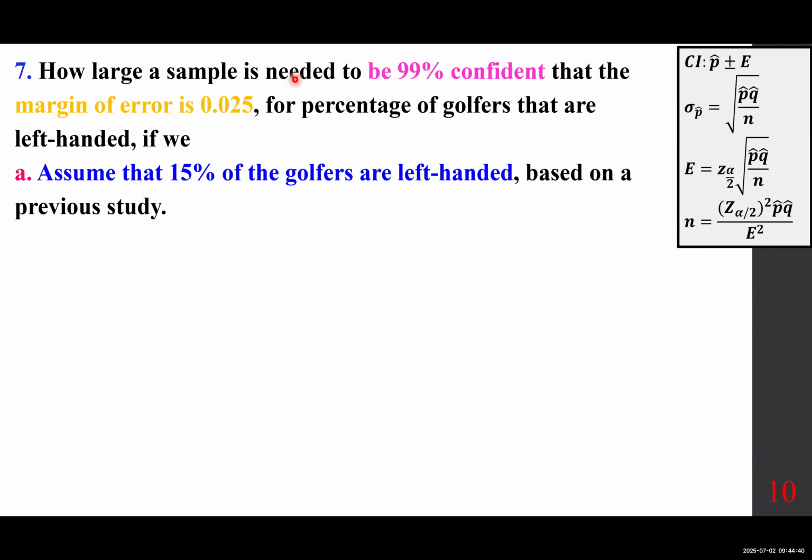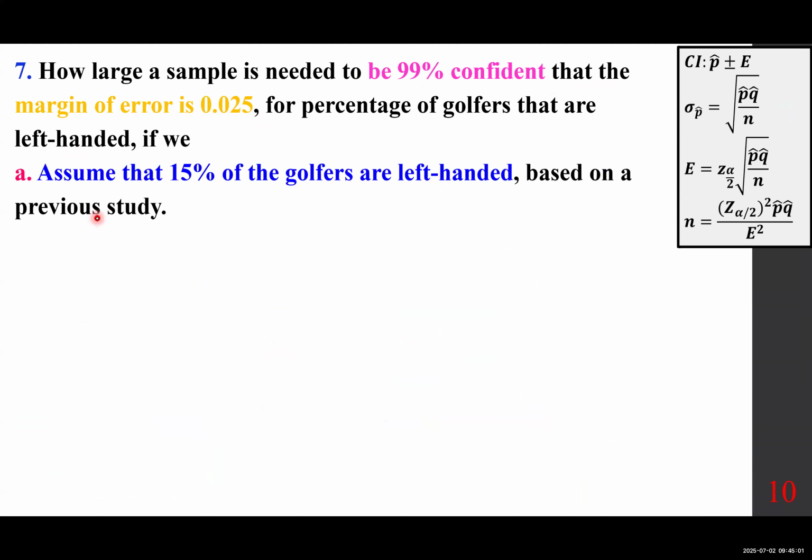How large a sample is needed to be 99% confident that the margin of error is 0.025 for percentage of golfers that are left-handed if we assume that 15% of the golfers are left-handed based on a previous study.